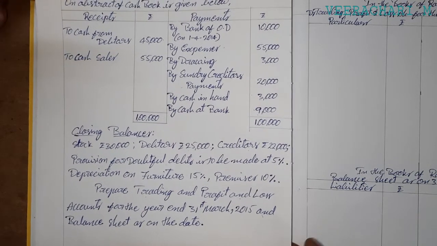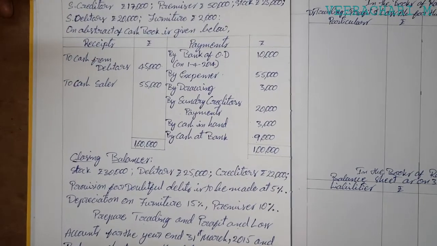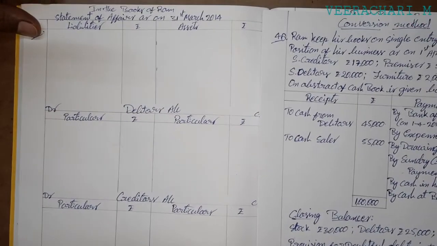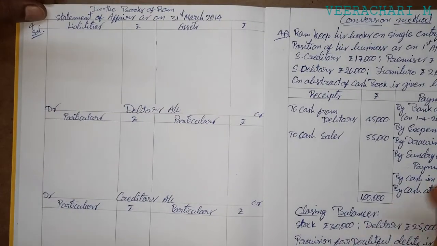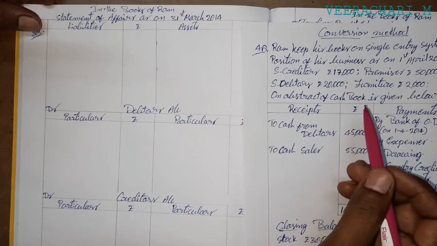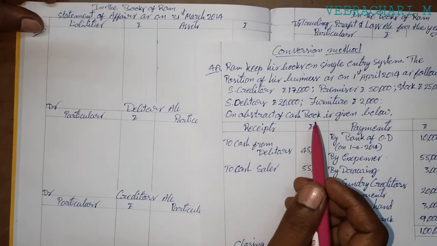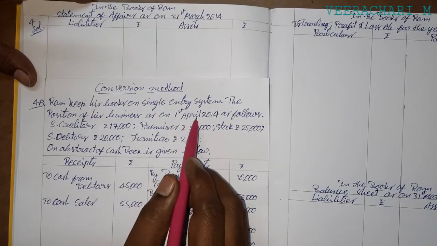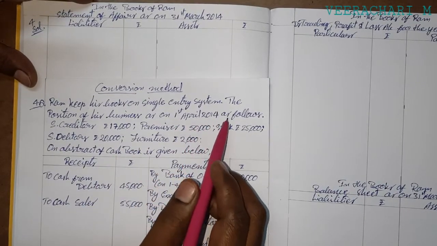That is the main important one, and this is the conversion method. See how to prepare all of these. So that is the opening balances of cash. The assets and liabilities are given as on 1st April 2014.